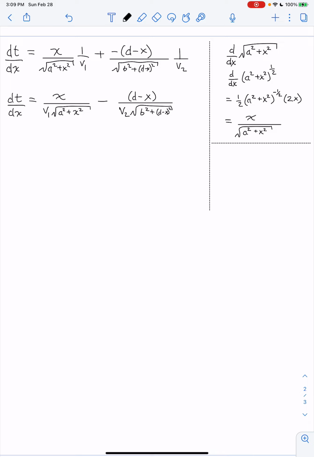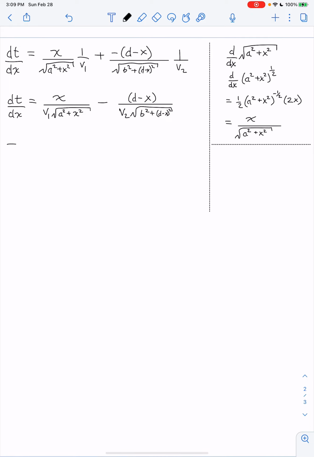Now, we need to simplify this a little bit if we want to work with it effectively by recognizing that there's something else we can do here. So recognize sine theta is equal to opposite over hypotenuse.